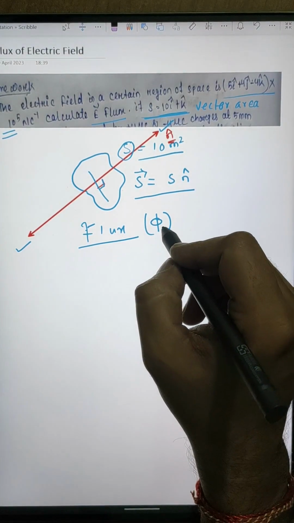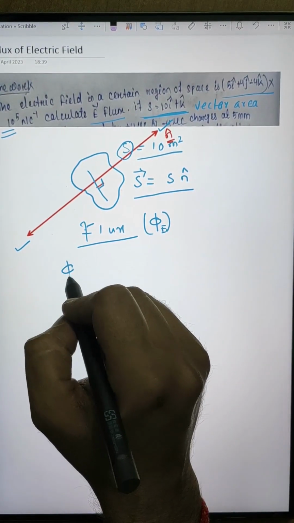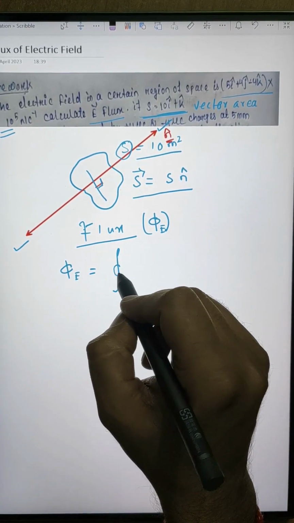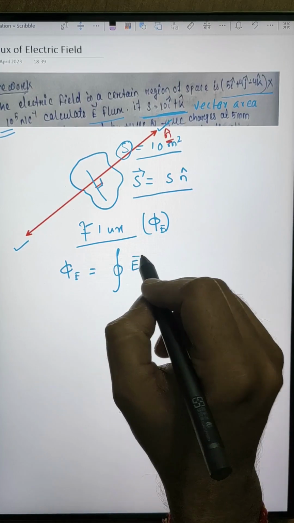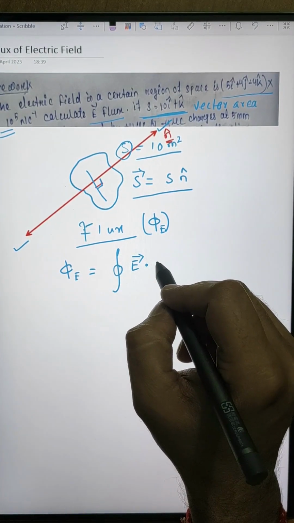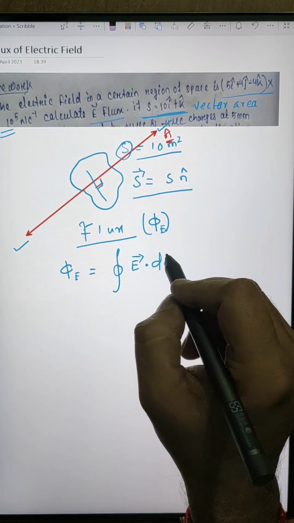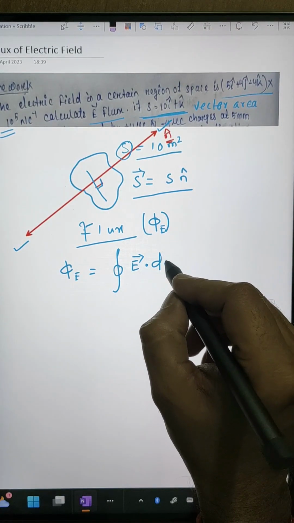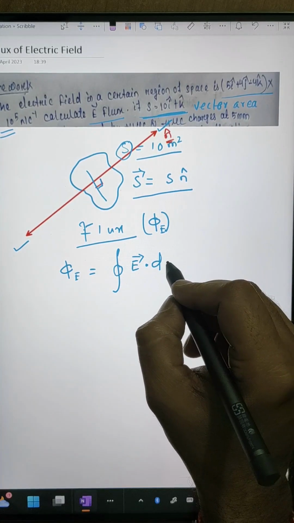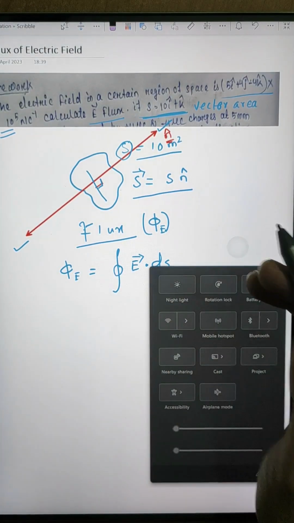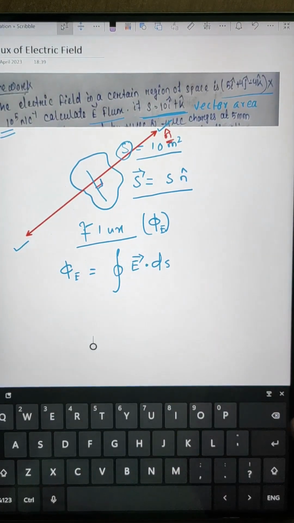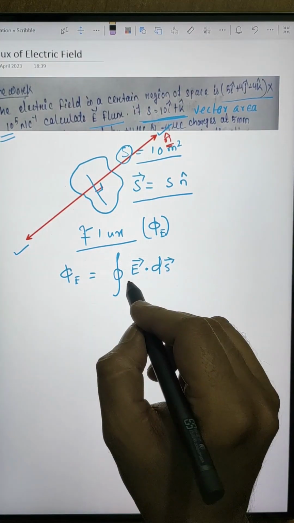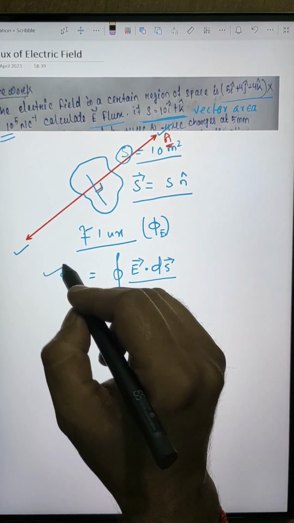So the flux phi of the electric field is defined in general as the integration over the entire area of the dot product of two things, the electric field and a tiny elemental area, let's write it as dS. That's how you find the total flux, correct?